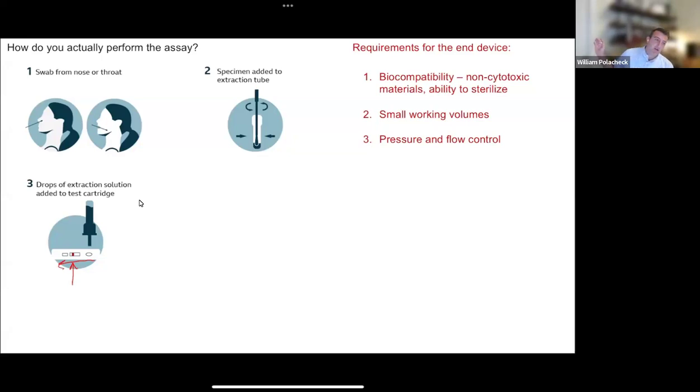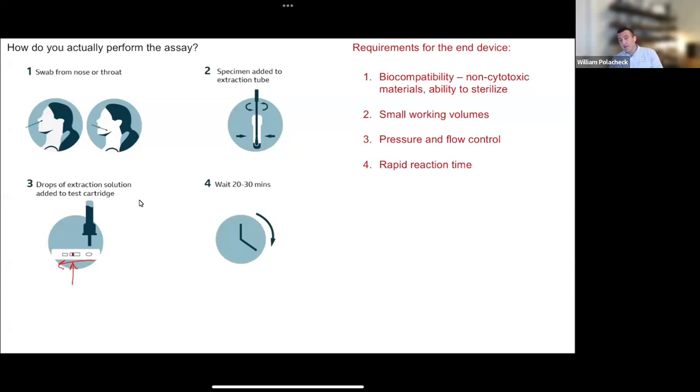If I'm flowing my sample across too quickly, I may get a false negative. If I'm flowing my sample across too slowly, I might get a false positive. So inherent in the design of these devices are some fluidic principles that allow really precise control over pressure and flow, and that is a requirement for many microfluidic assays.